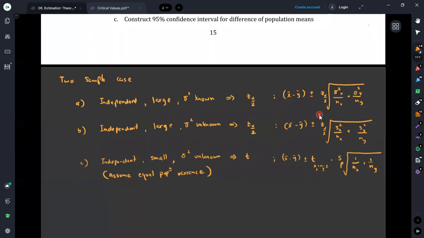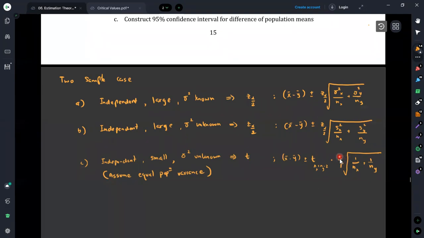If we are asked to assume equal population variances, then instead of taking the separate sample variances, we make a pool and obtain the sample variance for that pool.